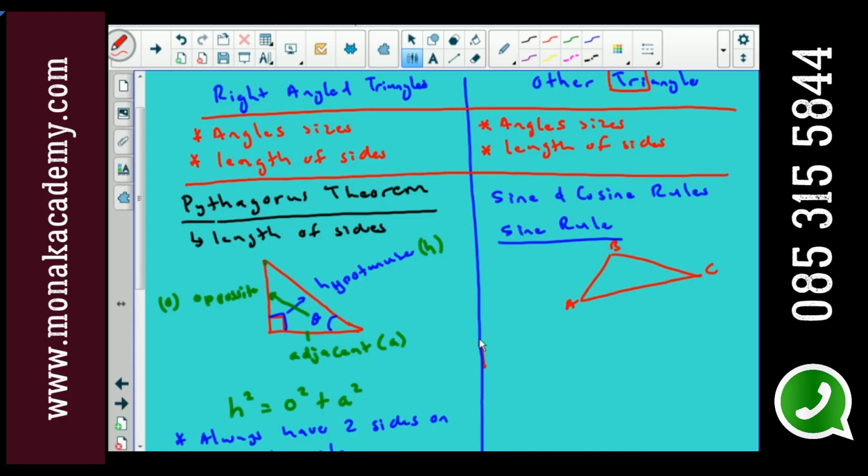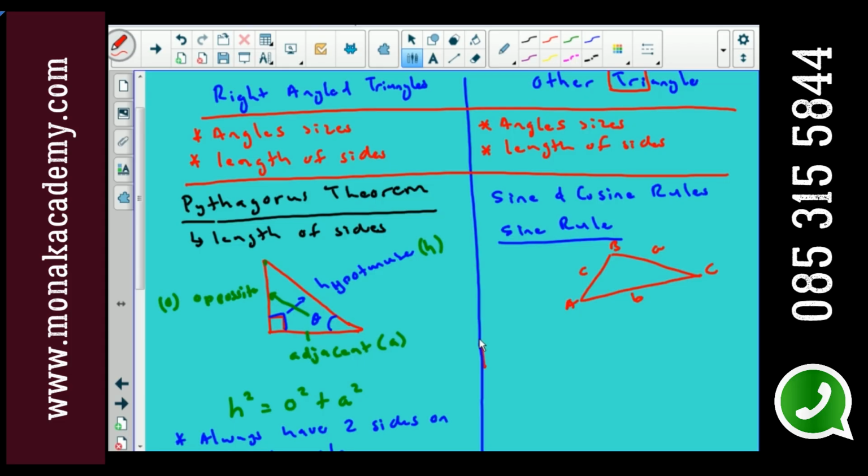So remember, the capital letters of a triangle, they always represent the angle, and then the length of the side. So the length of the side which is opposite to A, it's always represented by a small a. The length of the side which is opposite to B is represented by a small b. And then the length of side which is opposite to C is represented by a small c.